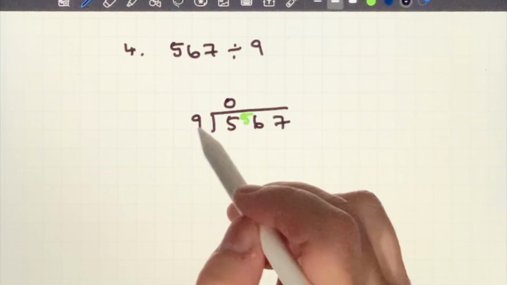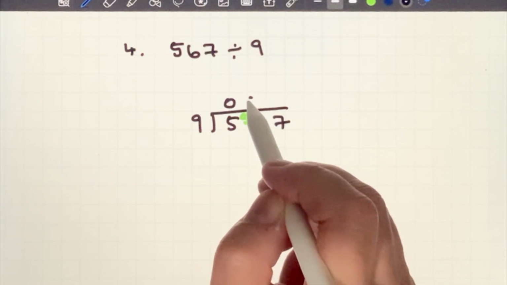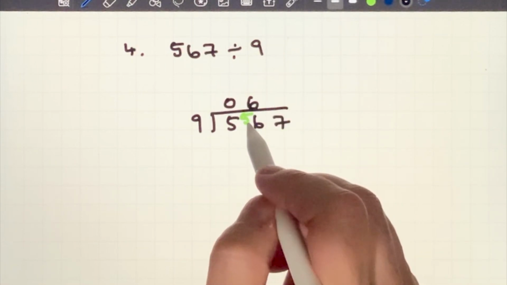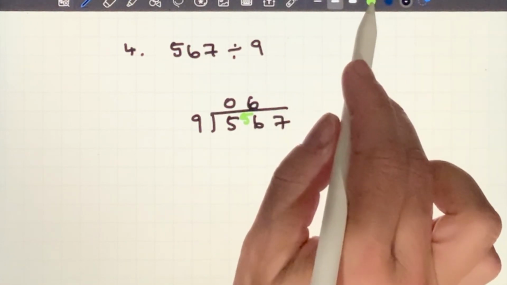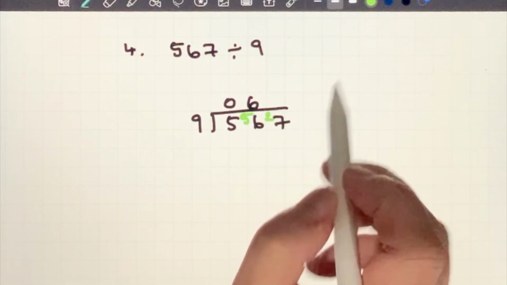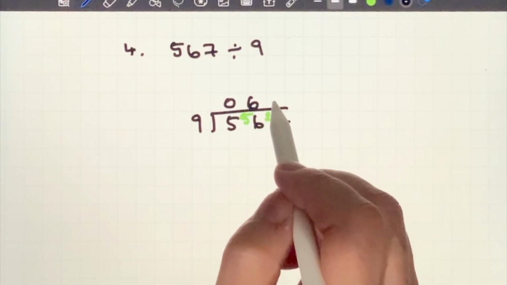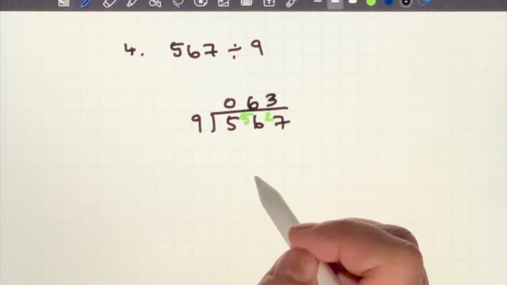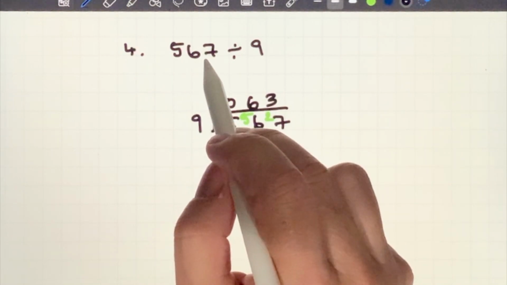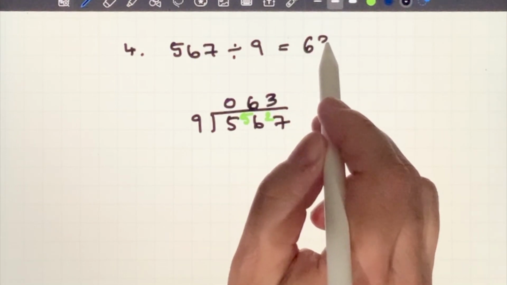So 9 into 56 goes in 6 times. 6 times 9 is 54, and I've got 56. So I've got 2 left over, which I put over here. And then 9 into 27 goes in exactly 3 times. So 567 divided by 9 equals 63.